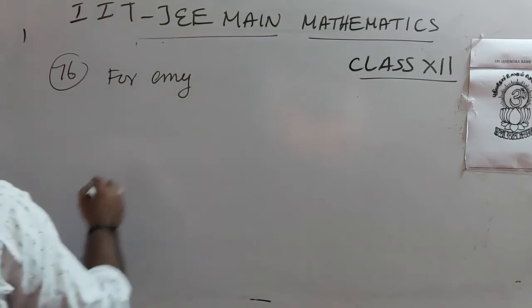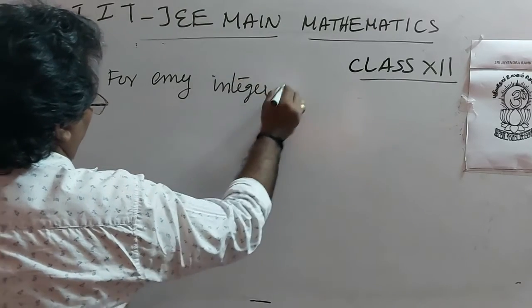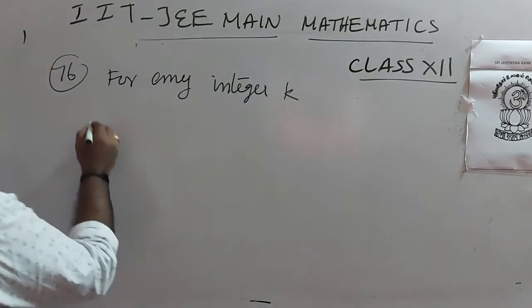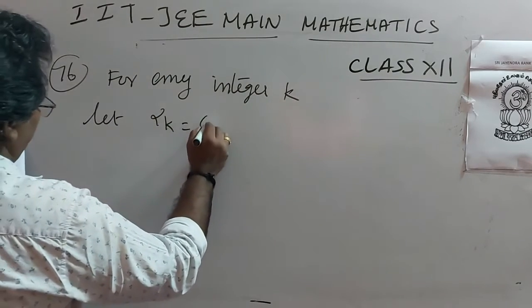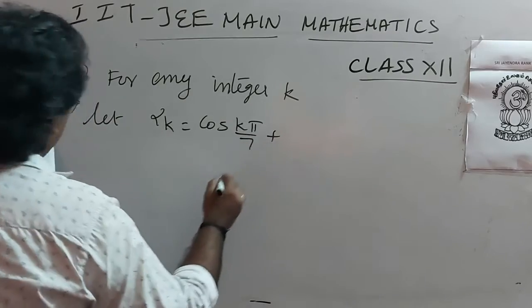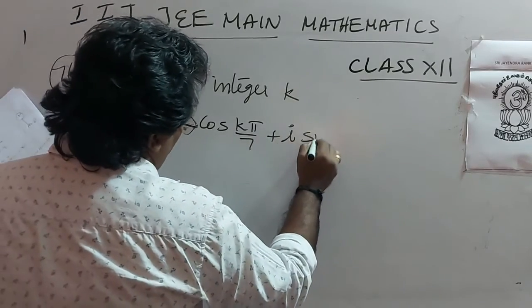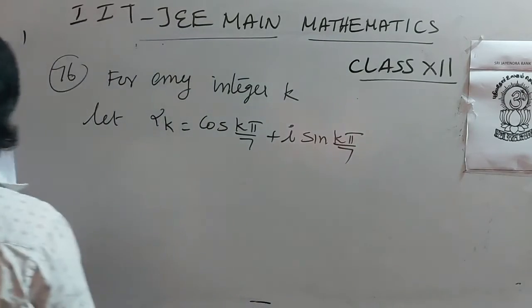For an integer k, let alpha k equal cos k pi by 7 plus i sin k pi by 7.